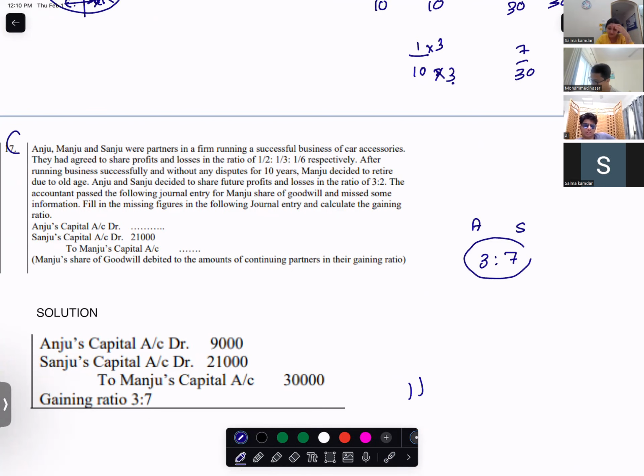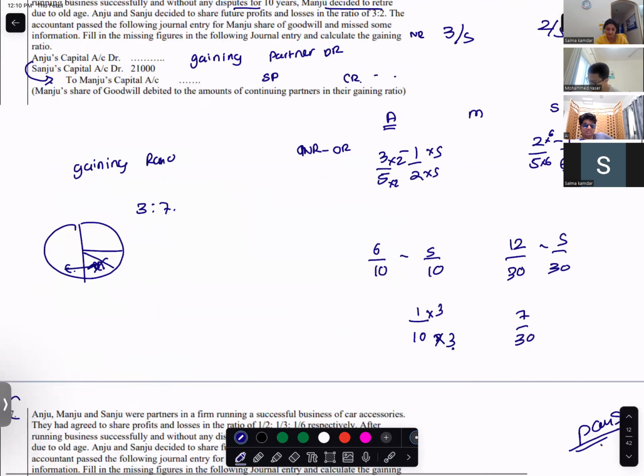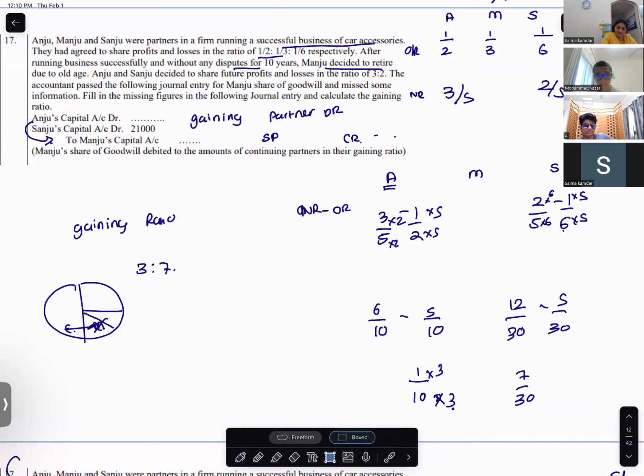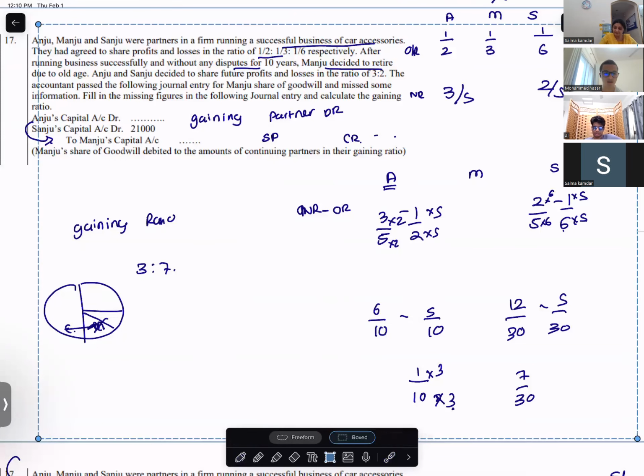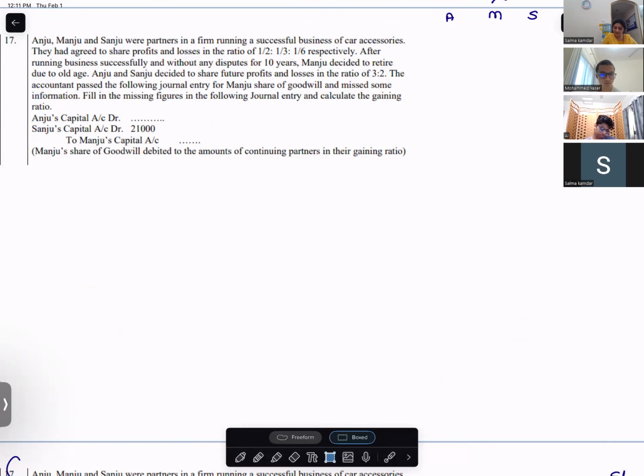We have to fill the missing information. Anju's share is 3/10 and Sanju's is 7/10, and the total will be 10.